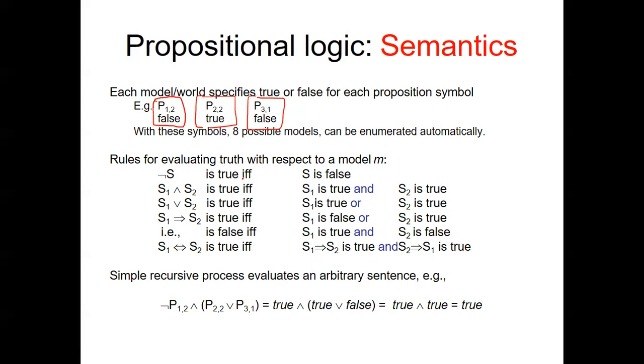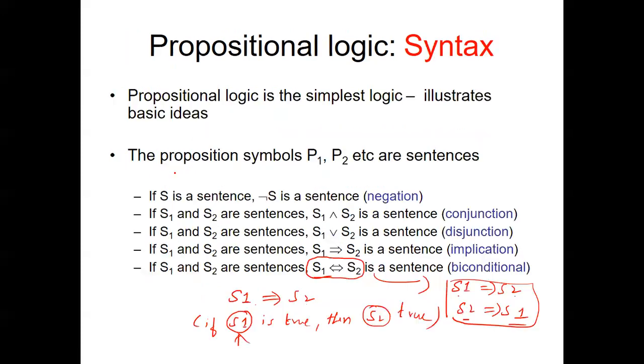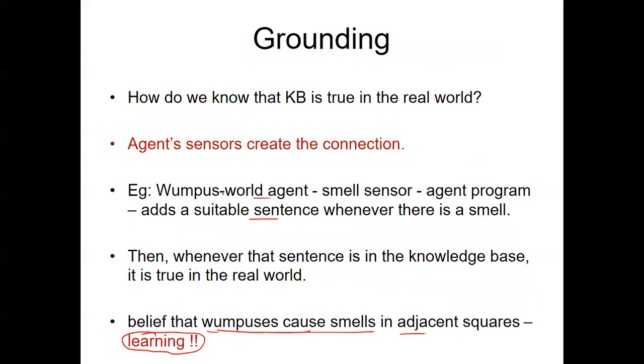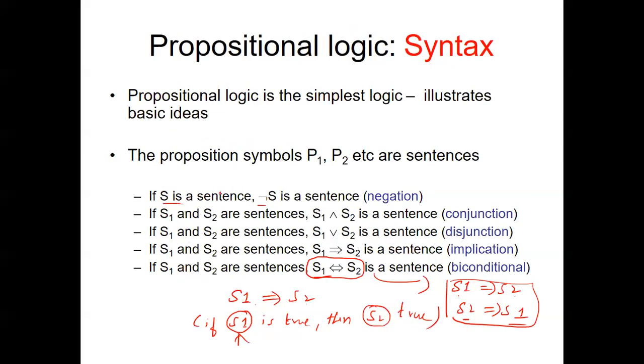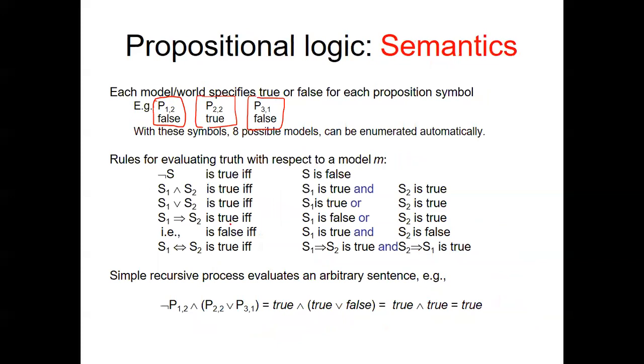In the previous slide we discussed that if S is a sentence, then not S is also a sentence. Here we are discussing the truth value associated with it. If not S is true, then obviously S will be false, and the reverse way.